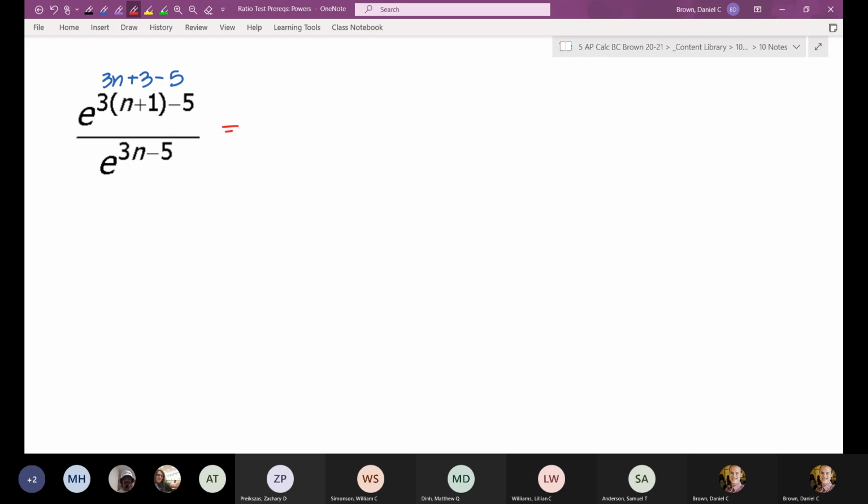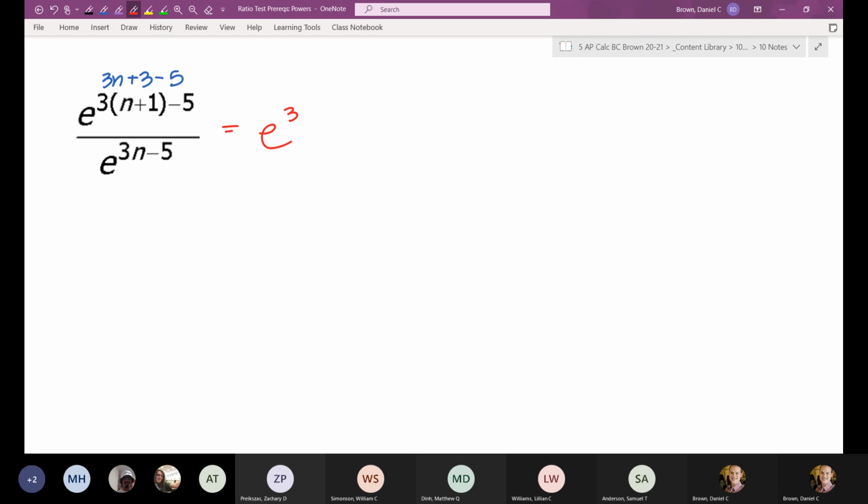The main one here: same base with division, you subtract the exponents. What is that going to end up simplifying to? e cubed. You're doing top minus the bottom. The 3n's cancel, that 3 is left over, and the negative 5 cancels. So e cubed is what we get for that one.